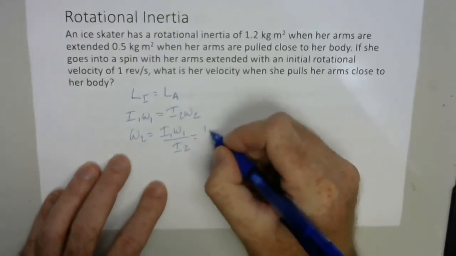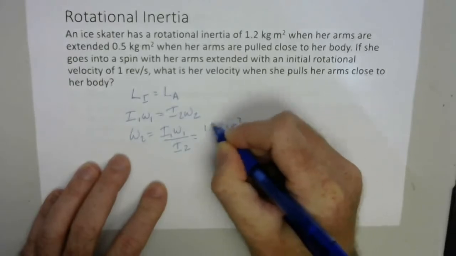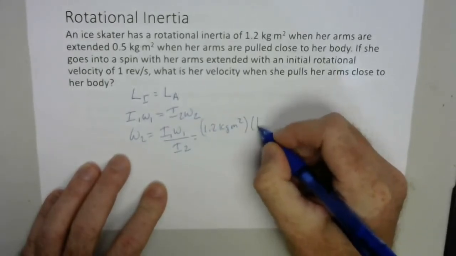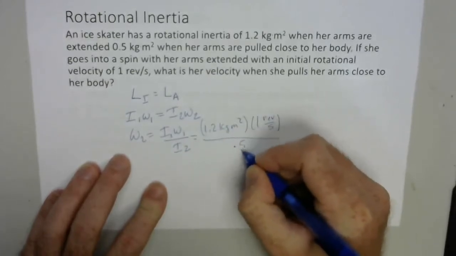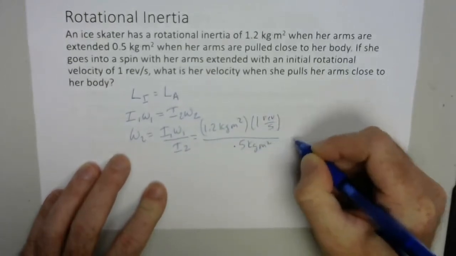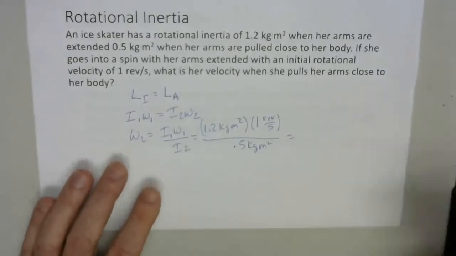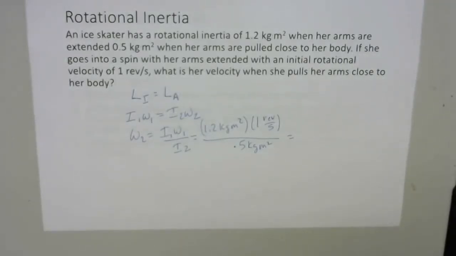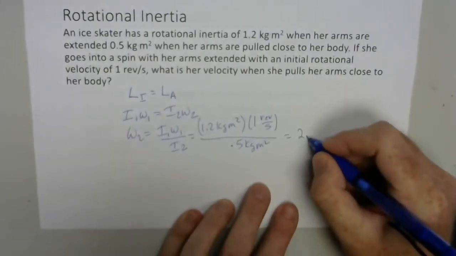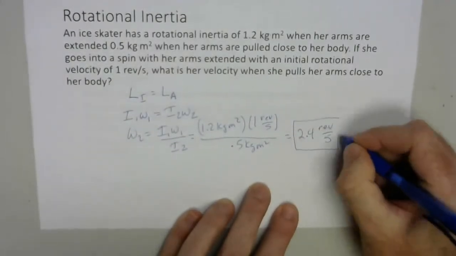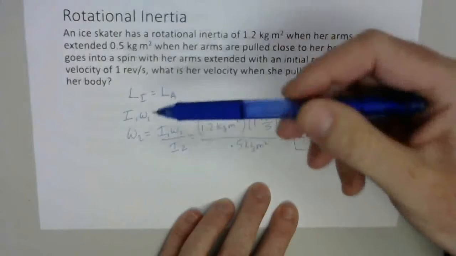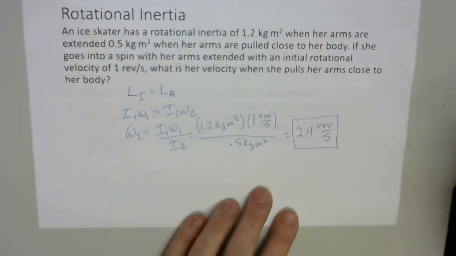So then we got 1.2 kilogram meters squared, velocity 1 revolution per second, divided by 0.5 kilogram meters squared. And so it should pick up speed, and be 2.4 revolutions per second. So it definitely did speed up. And so this ice skater speeds up when she pulls her arms in.